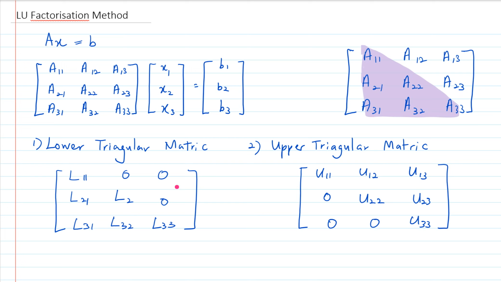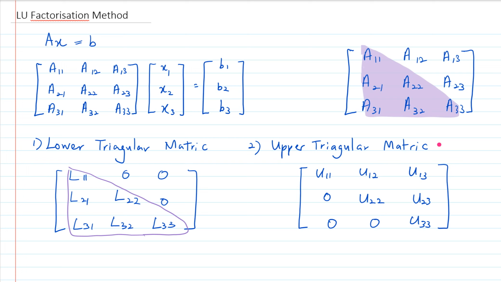Look at here. This is the lower triangular matrix. So we write it as L11, L21, L22, L31, L32, and L33. The rest become 0. Same with the upper triangular matrix, which is the vice versa.